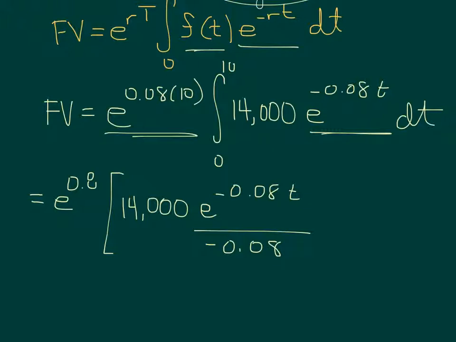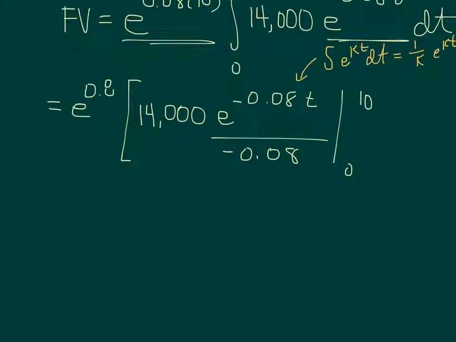In other words, the antiderivative of e to the kt is 1 over k e to the kt. So all I'm doing is bringing the negative 0.08 to the bottom. And then of course I'm going to evaluate this from 0 to 10.